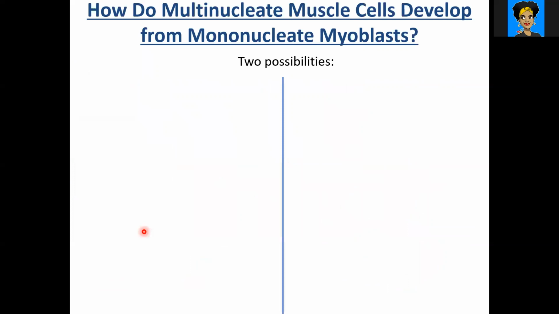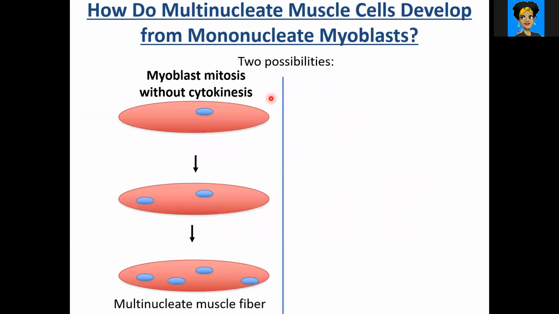And so how do the multinucleated muscle cells develop from those mononucleated myoblasts? So there's two possibilities, right? So one possibility is that myoblast mitosis happens without cytokinesis. Right? And so this would be similar to what we see in early Drosophila cleavage, right?